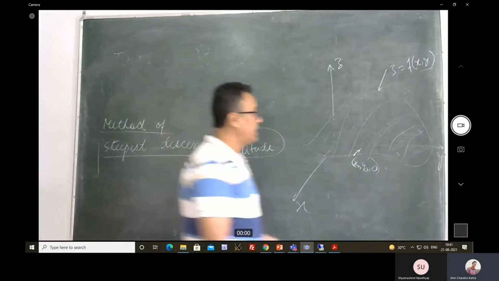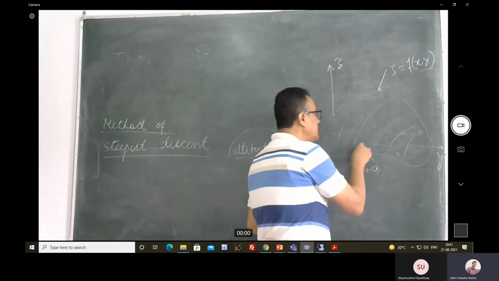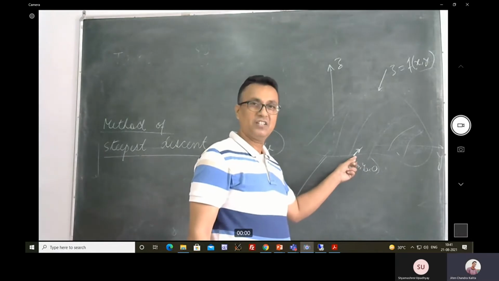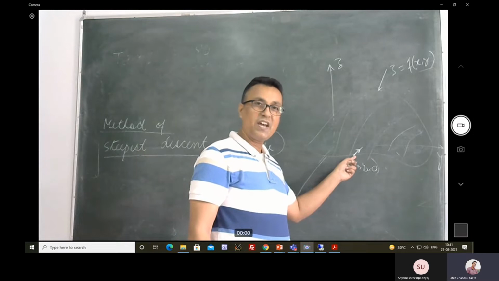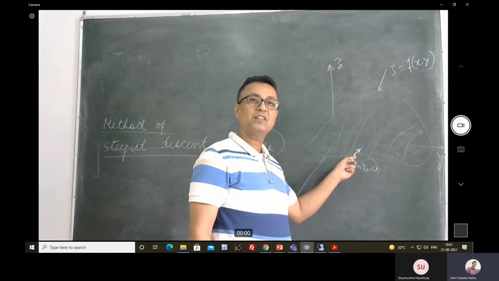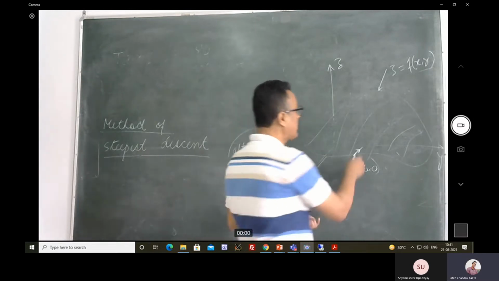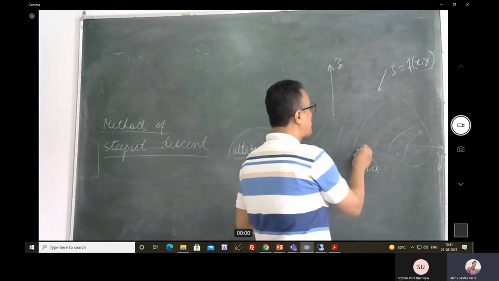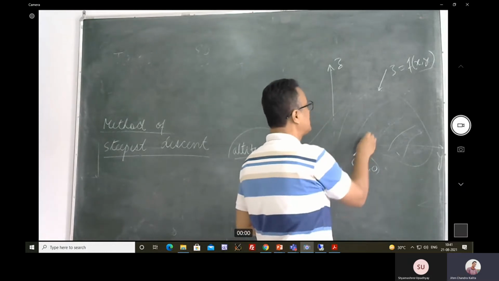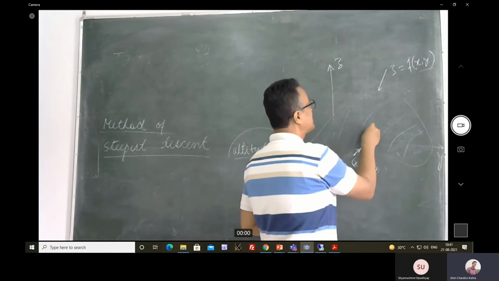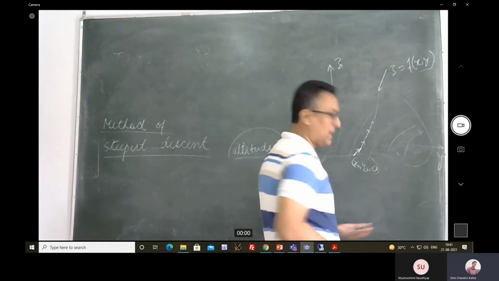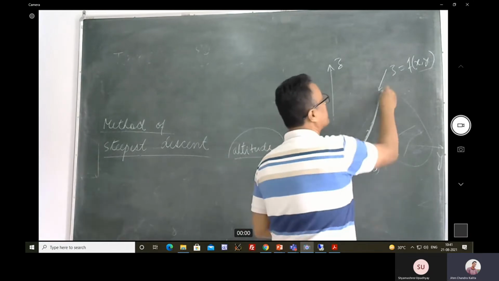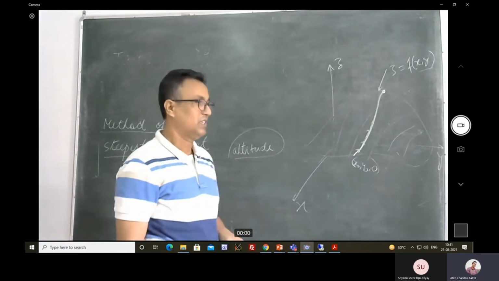So the gradient vector at that point is going to give you the direction locally where the rate of change of height is maximum. You move along that direction. After a while, you reach this point. At this point, again, you find out the gradient vector. In this way, it is going to give you a path. And if you follow this path, you are going to reach the top fastest.